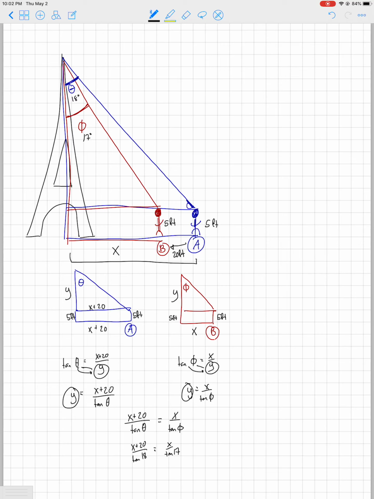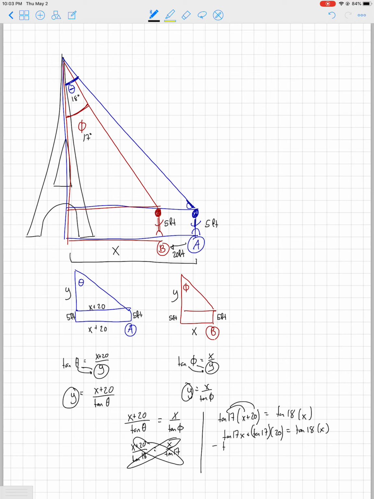We're trying to solve for x here, so we're going to cross multiply. That means tangent of 17 times x plus 20 equals tangent of 18 times x. We have to distribute, so we get tangent of 17x plus tangent of 17 times 20 equals tangent of 18 times x. We want to get all the x's together.